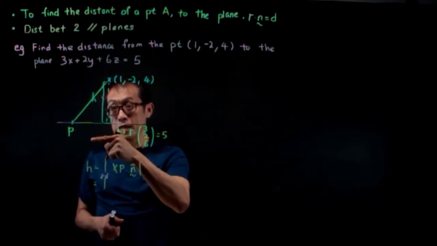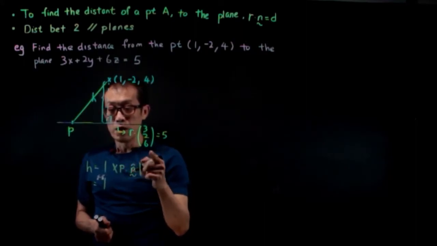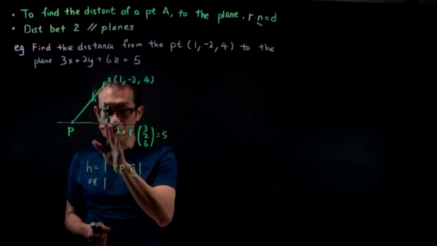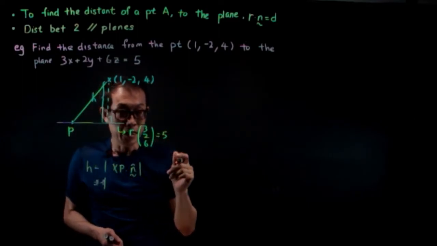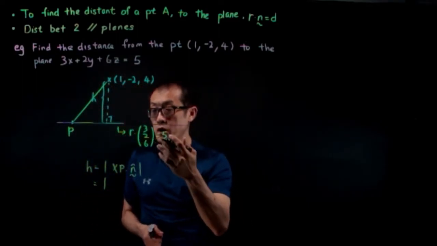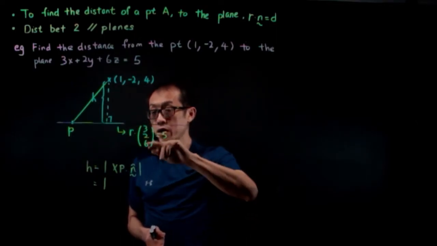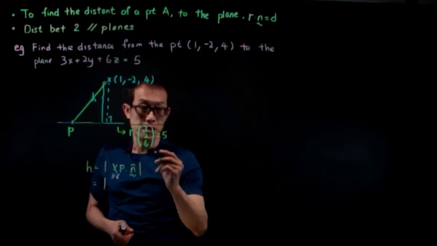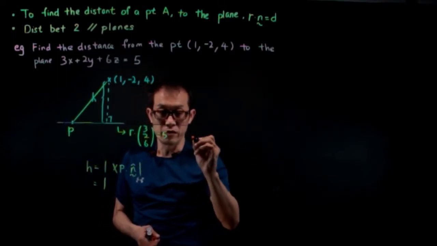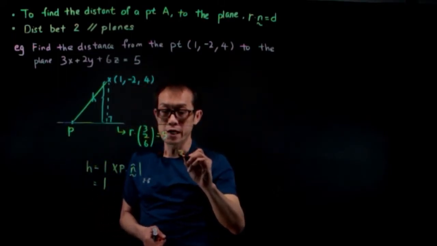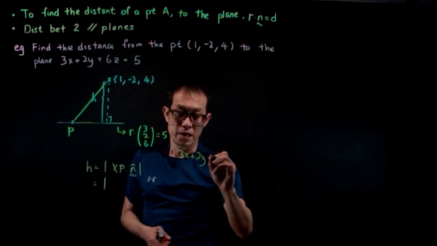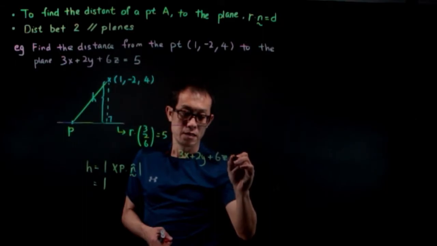So what is XP? Now how to find the coordinates of P? You can take any point on the plane. So let P be any point on the plane. If you expand this equation, it will be of this form: 3x plus 2y plus 6z equals 5.